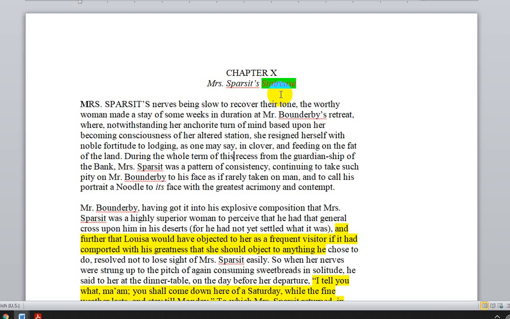So chapter 10 paved the way for the development of the relationship. And as we discussed in chapter 10, Mrs. Sparsit's role is very effective in widening and deepening the gap between Louisa and Bounderby. And we had some evidences in that respect.